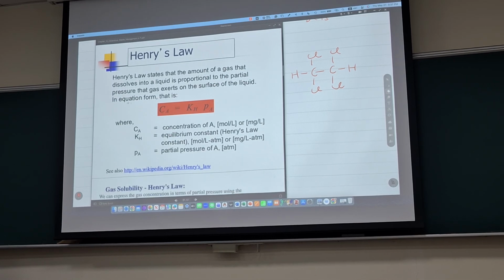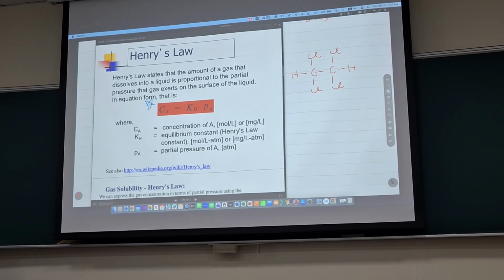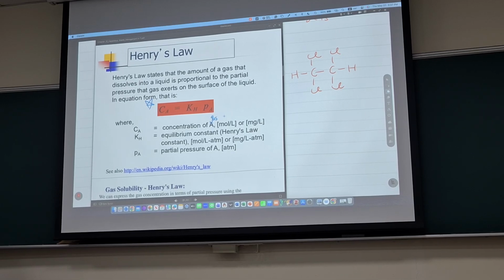Henry's law is something you need to memorize.